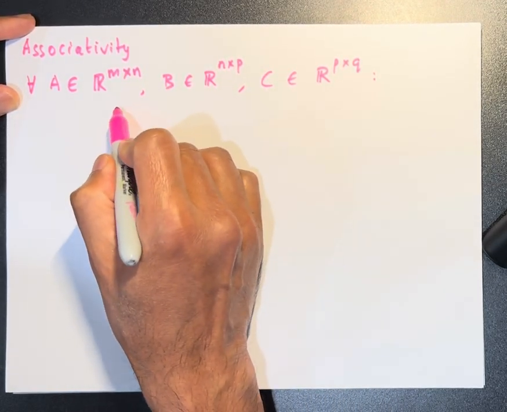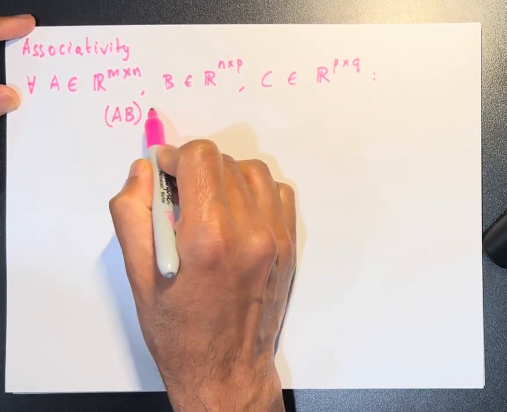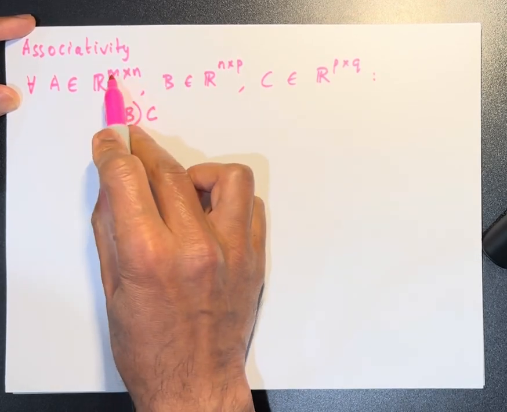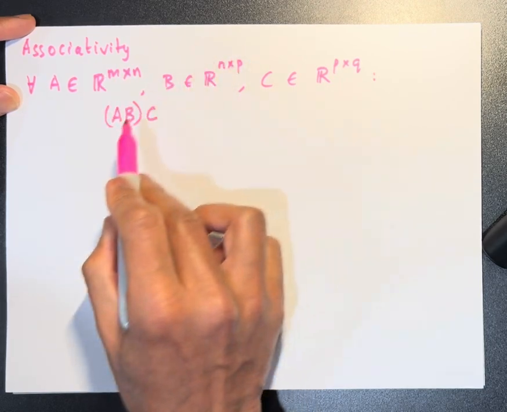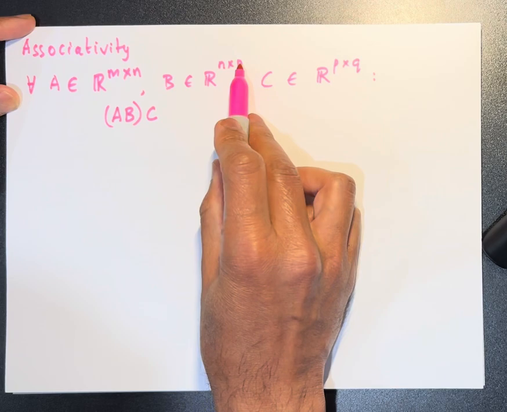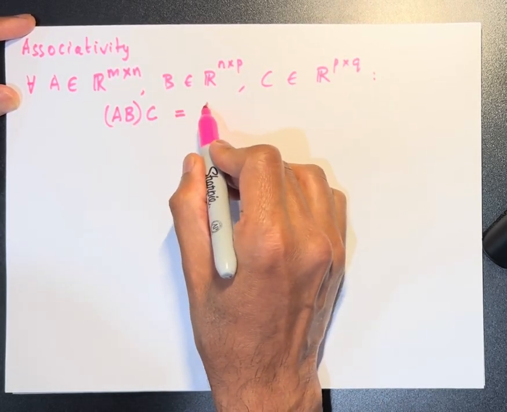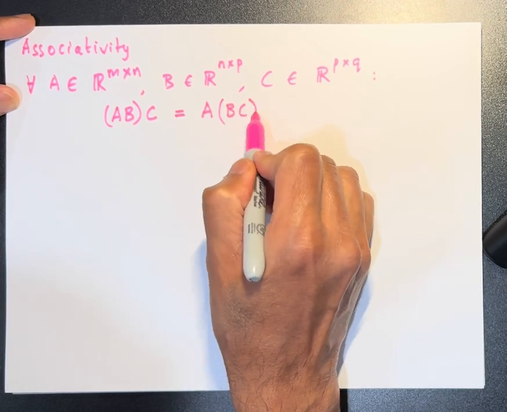You do AB first, multiply them, and then multiply by C, and it all works because for AB the inner dimensions match, and the resulting matrix AB will be m by p. And then the p matches with the C, so this is defined, and this is equal to A times BC, where you do BC first.